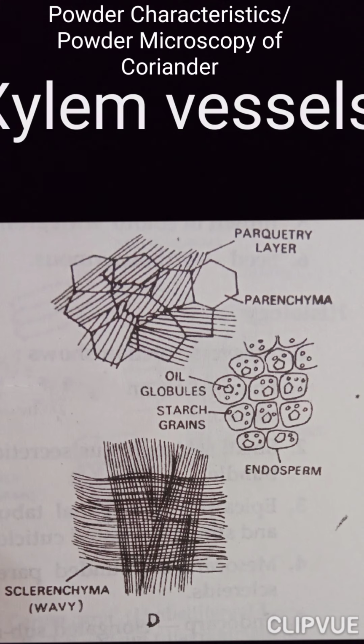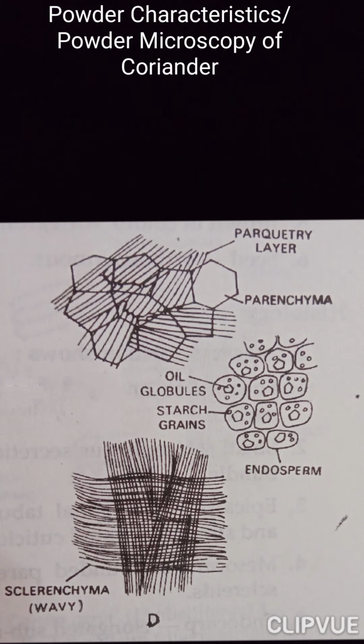In powder microscopy, we spread the powdered drug of the coriander fruit onto a slide and observe it under the microscope. Whatever we observed in the TS of the coriander fruit, the same things we observe, but in dispersed form, with distance between one particle and another of the powder drug. So this is the TS and powder for the coriander fruit.